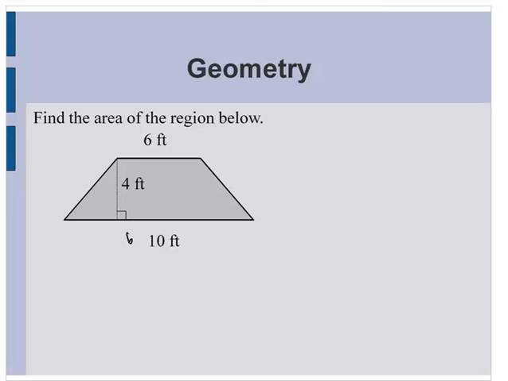I will call this B1 for base 1, and B2 for base 2, and we'll call this the height, H. It is known that the area of a trapezoid is given as 1/2 quantity B1 plus B2 times H. Basically you add the bases and divide by 2. You basically find the average of the bases and multiply by the height.